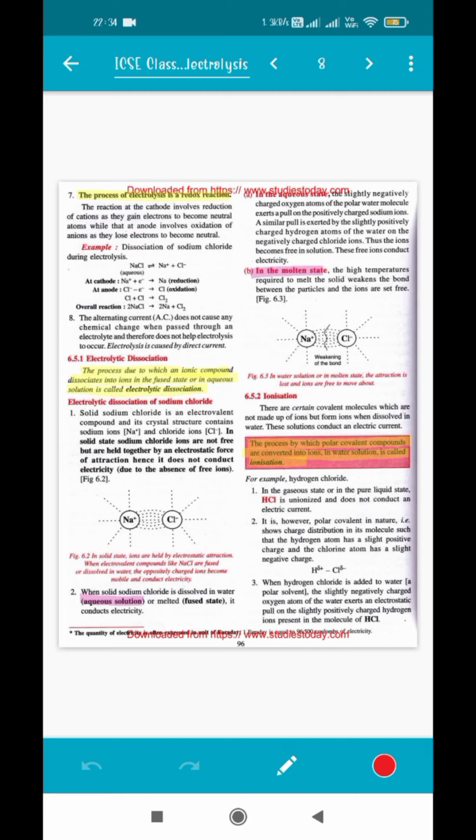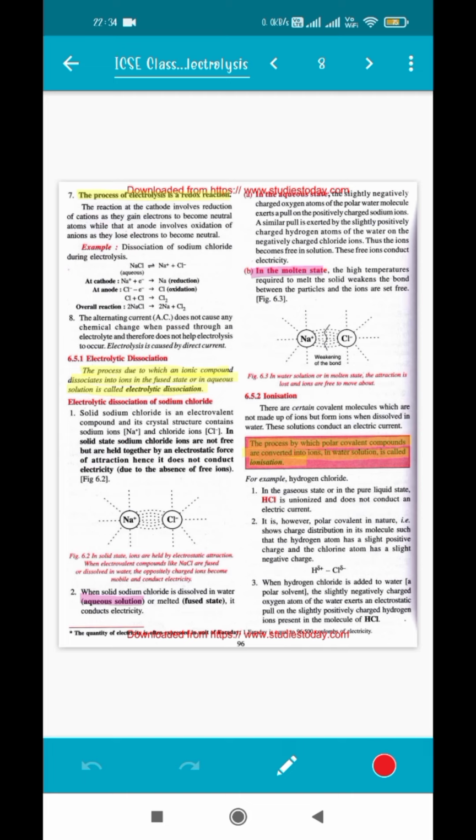Next is differentiation between dissociation and ionization. These two terms look and seem to be very common, but they have a major difference between them. What is it? Dissociation means breaking of ions which were already there in the solid, and ionization means formation of ions which were not present in the solid or in the liquid or in the gas.